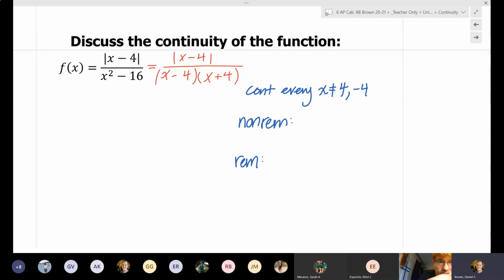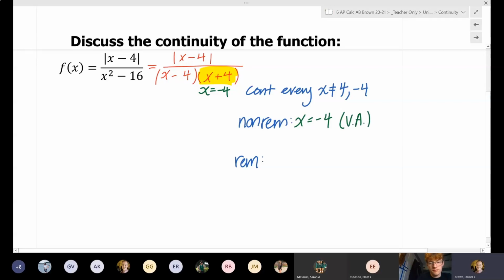We see we have this x plus 4 right here. There's no way it can cancel out. That factor did give me x is equal to negative 4. Since it doesn't cancel out, what type of discontinuity do we have there? Non-removable. And if it doesn't cancel, we know it's non-removable because it is a vertical asymptote.